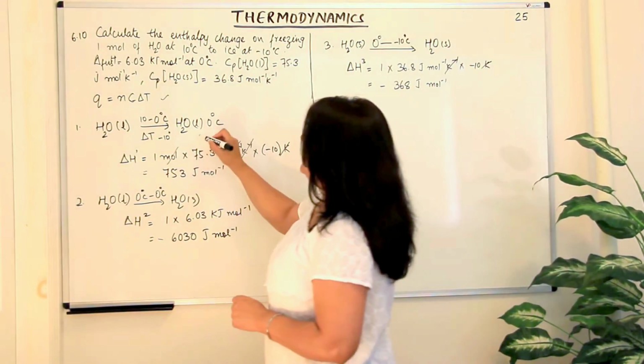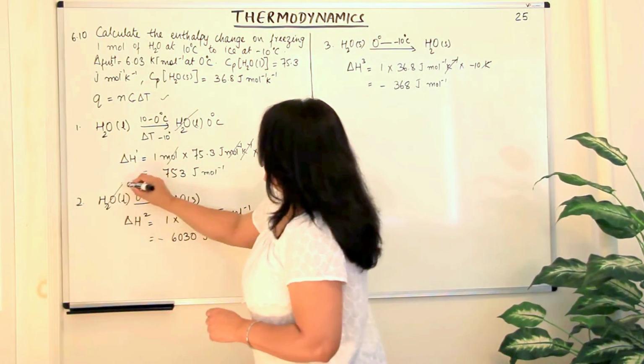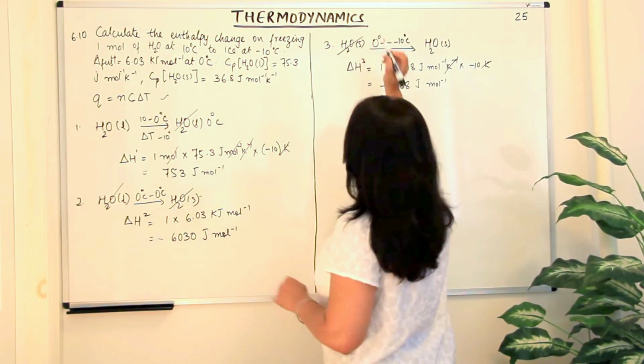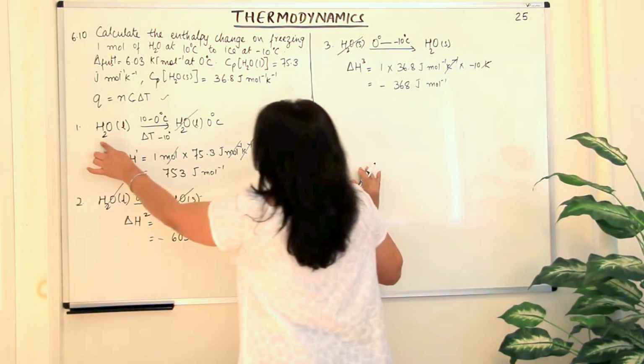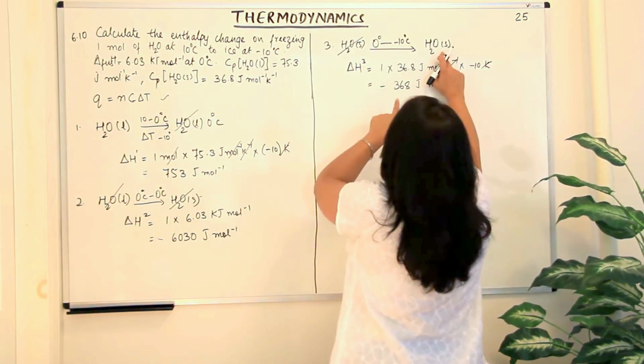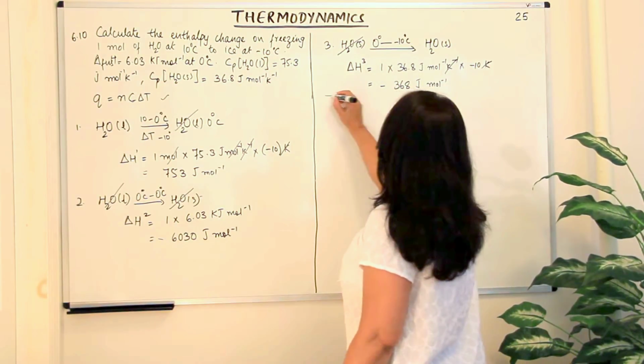Liquid water at 0 degrees Celsius was formed here and it was used up here. And solid water at 0 degrees Celsius was formed here and it was used up here. So ultimately you started with liquid water at 10 degrees Celsius and you ended up with solid water at minus 10 degrees Celsius. So we'll add up all the enthalpies.